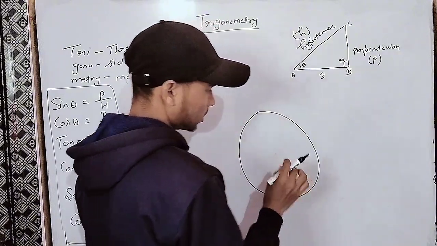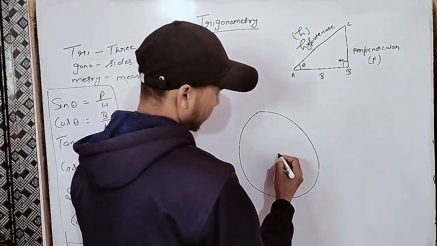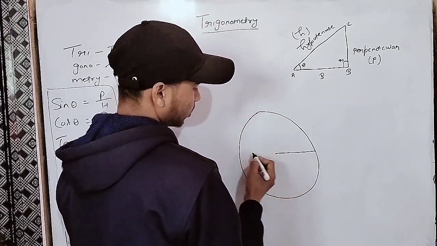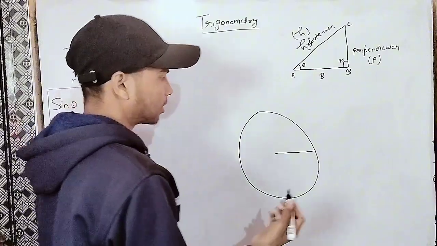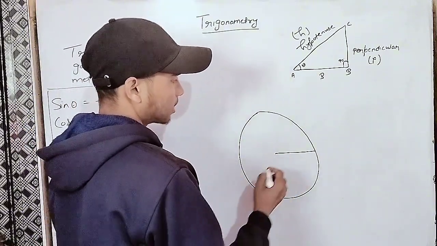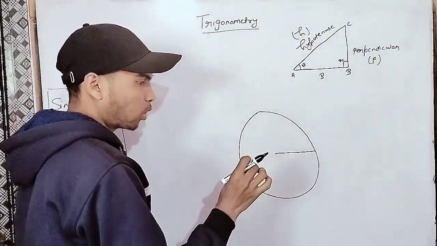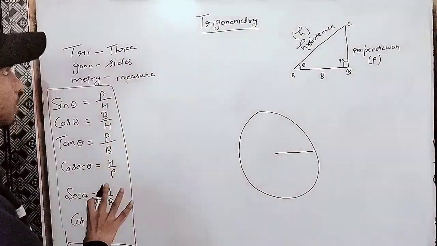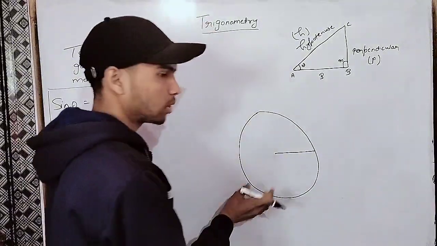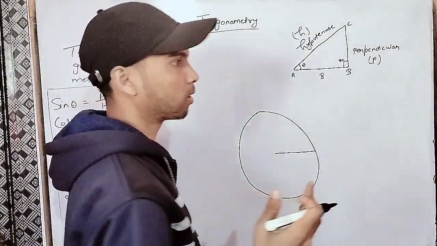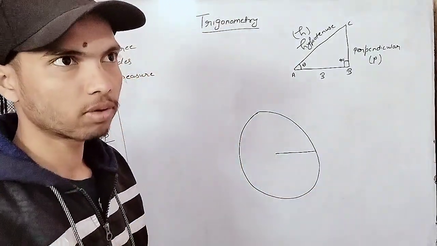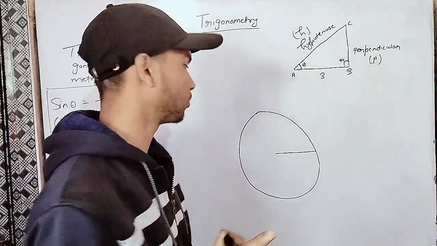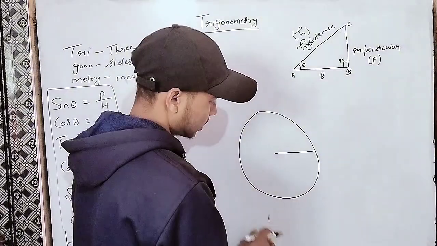This point is the midpoint of the circle, this is a radius, and from here to here is the diameter. I am going to draw the figure of these ratios with the unit circle. Unit means a circle of radius one. This is the radius, so the radius is one. Clear?